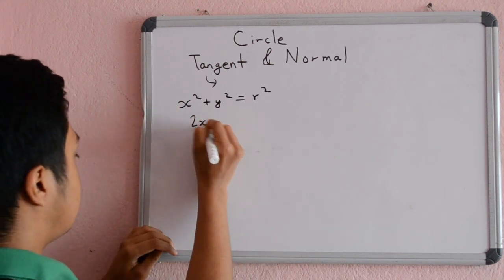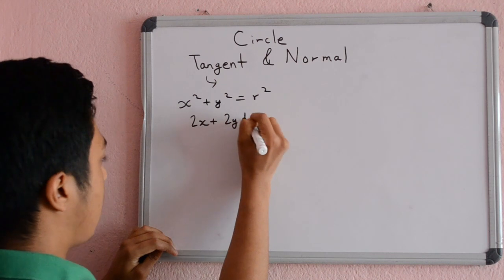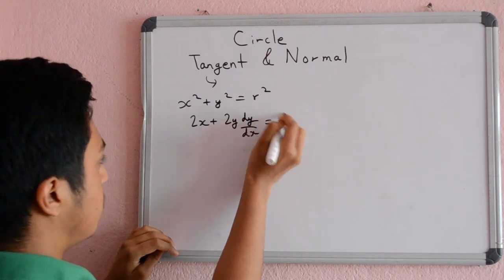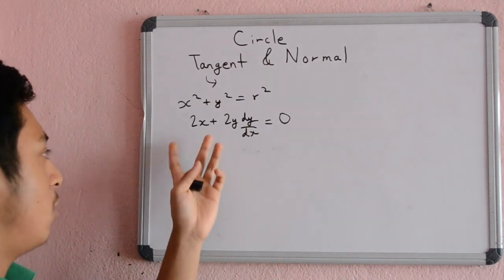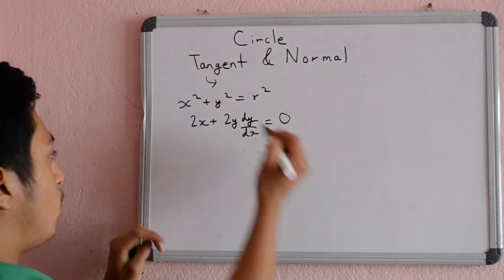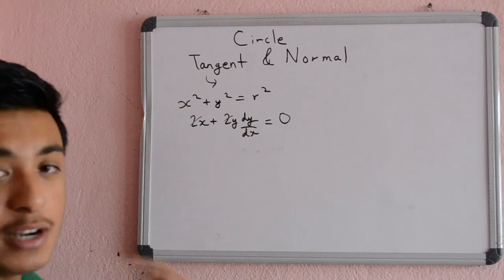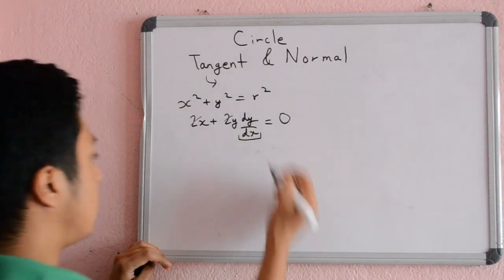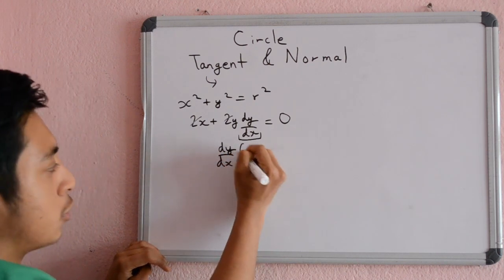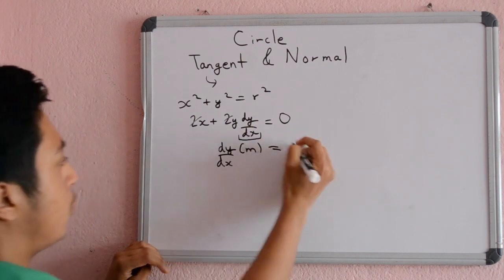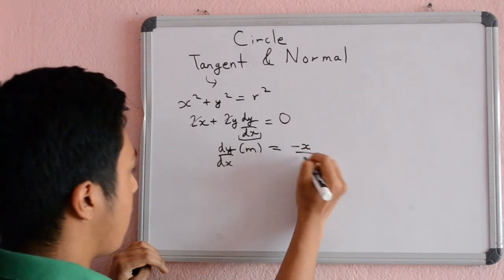You'll get 2x plus 2y dy by dx equals 0, because the radius of the circle is always constant. Now we can divide both sides by 2, and we want to find dy by dx. Simply, dy by dx, which is the slope, equals minus x divided by y.